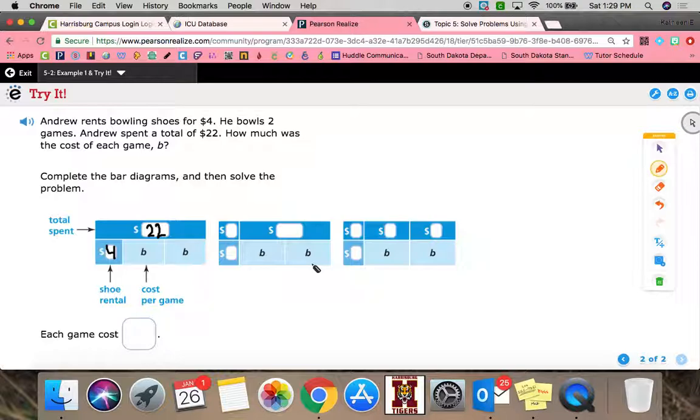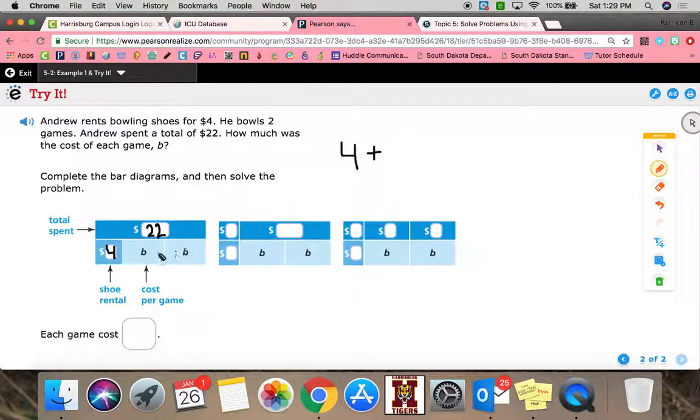The way that I would set this up is I wouldn't set it up in bar graphs like this, because this is not the most effective way that I know of solving it and of teaching it. So we're going to solve it a different way. If we set it up as an equation, we rented bowling shoes for $4, and, and means add, as we learned last lesson, we played 2 games.